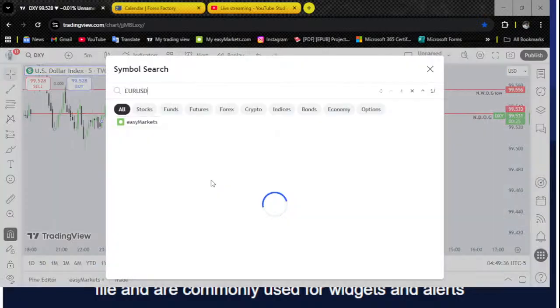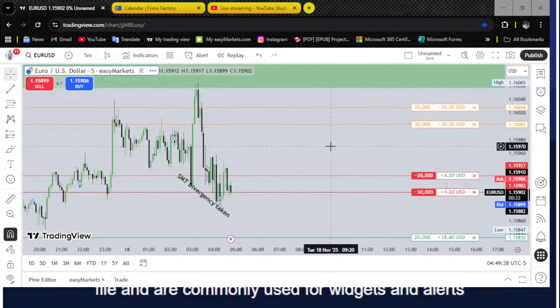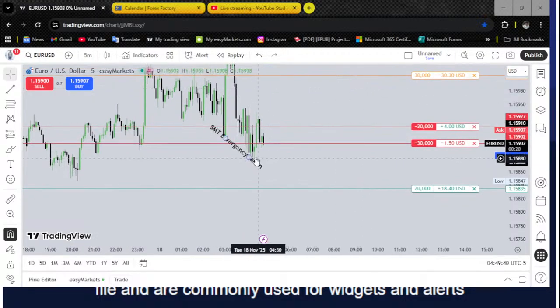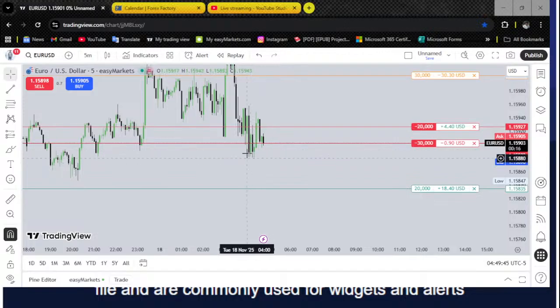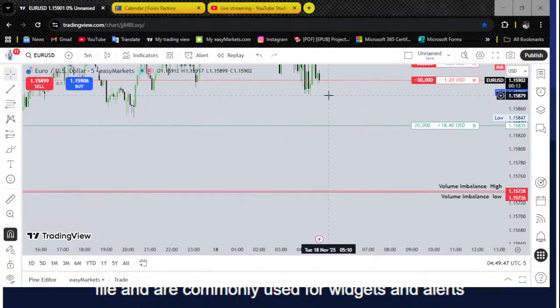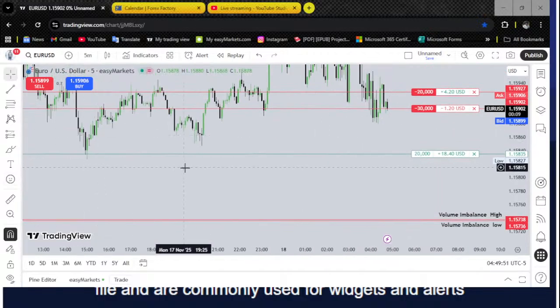Let me go and check. The moment the market takes this low, expect big moves towards this excess liquidity so that the price can go and attack this excess liquidity.